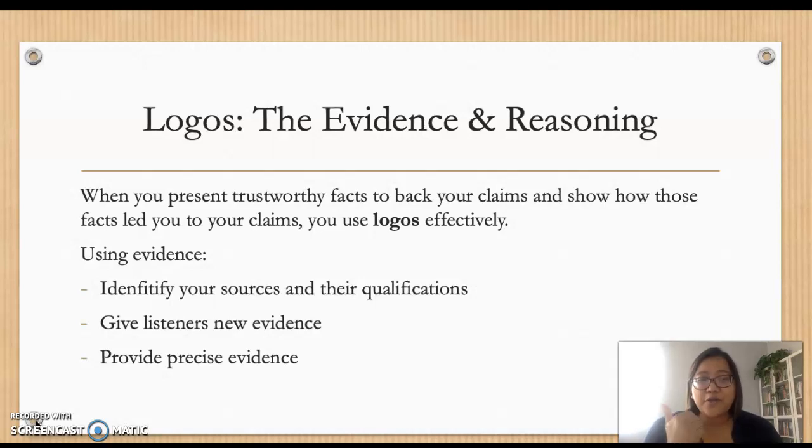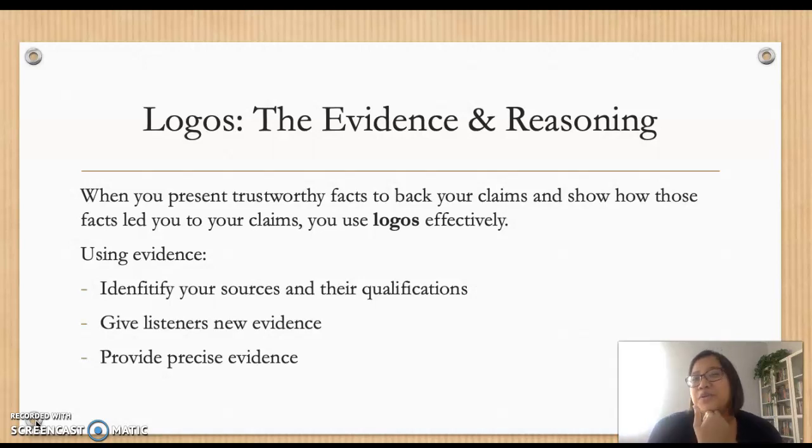First, you have to identify your sources and their qualifications. I talk about, for instance, if I want to make an argument about how sugar is good for your health, and I am going to use this evidence, I would say the evidence was done by CU Boulder University, but the sponsor for the research that's done by CU Boulder is actually Krispy Kreme or Dunkin' Donuts.